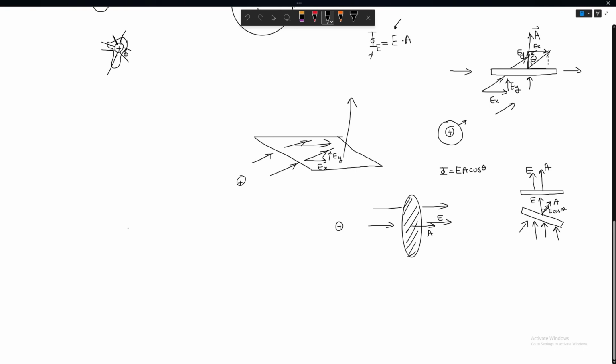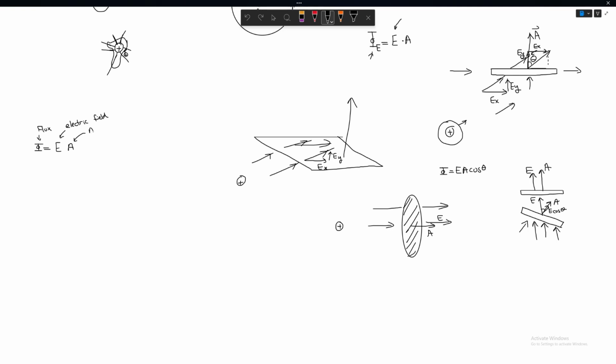And that is electric flux, and that introduces two things. To sum it up, this is flux, equals E, which is the electric field, times the area.